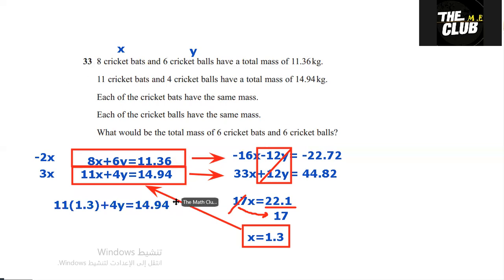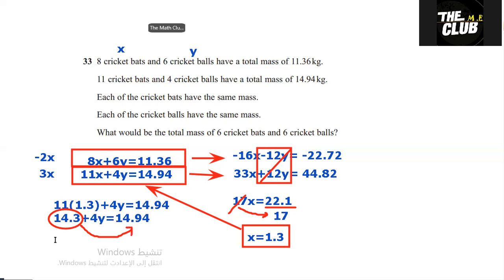So 14.3 plus 4y equals 14.94. Now I'm going to take the 14.3 to the other side because it's positive. I'm going to make it negative, so it's going to be negative on the other side here.